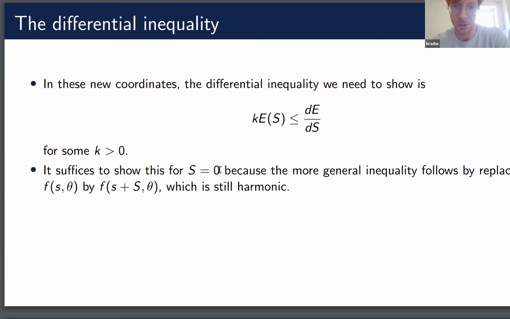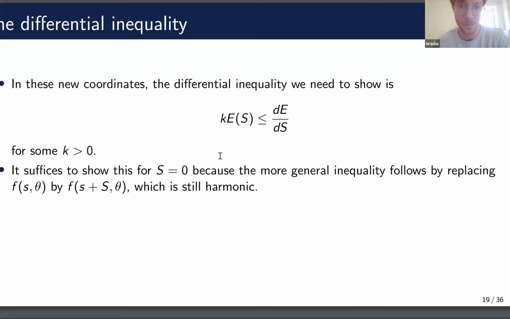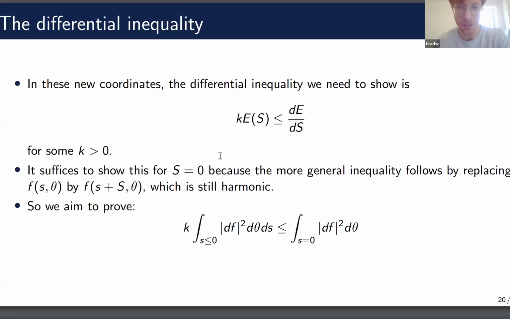So then you just apply the result to these dilated maps, and you get the general inequality. So that's the idea. We can just reduce it to proving it for s equals 0. So all we need to do is show this.